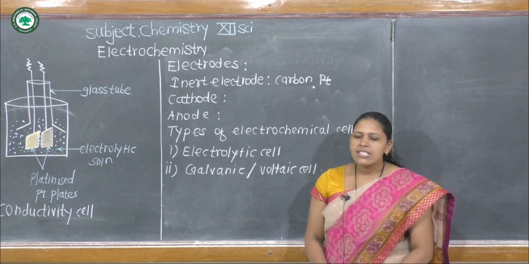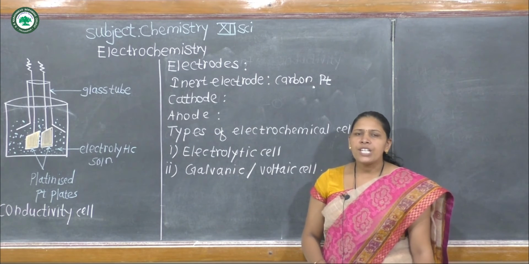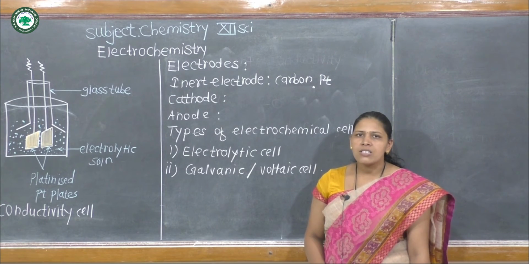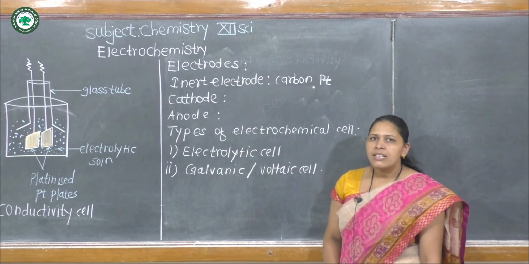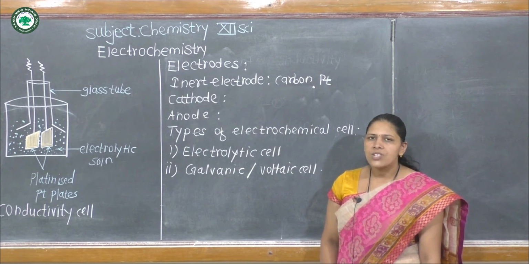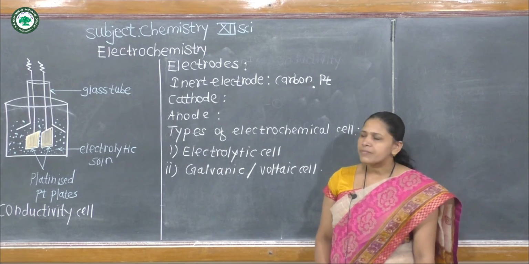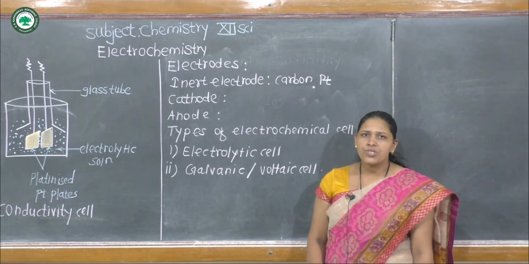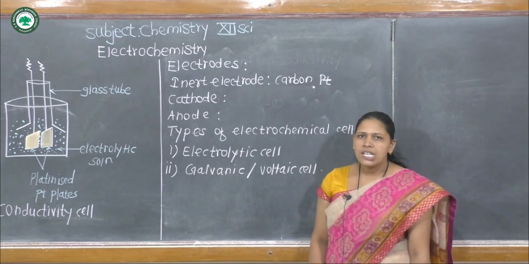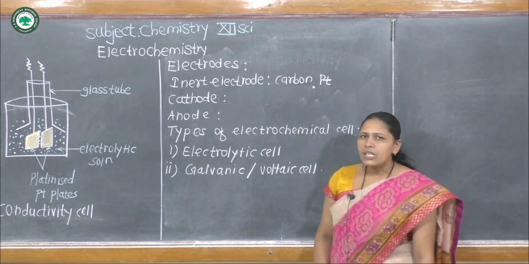A non-spontaneous chemical reaction occurs by passing direct current through an external source such as a battery. In electrolytic cell, anode is positive and cathode is negative.